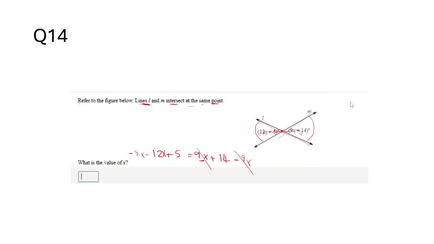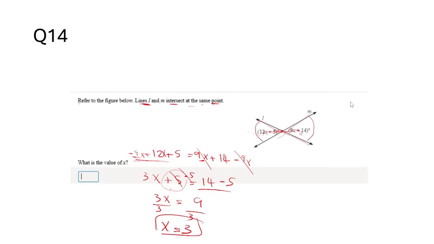So 12x minus 9x is 3x, plus 5 equal 14. Need to remove this 5, so I'll say minus 5 on this side and minus 5 here. So 3x equal to 9. Divide by 3, so x will be equal to 3. So the answer will be 3.